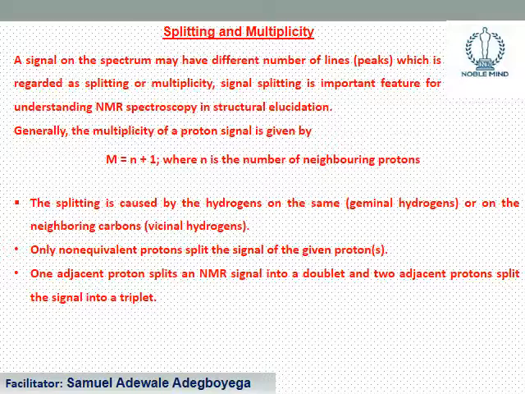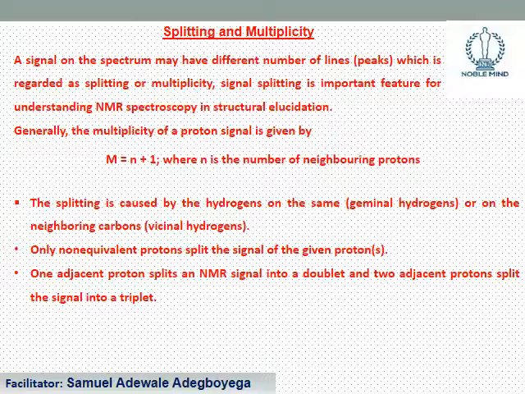You may have a signal on the spectrum being divided or split into different lines, which you call peaks. A signal split into peaks, you could refer to that as splitting or multiplicity.